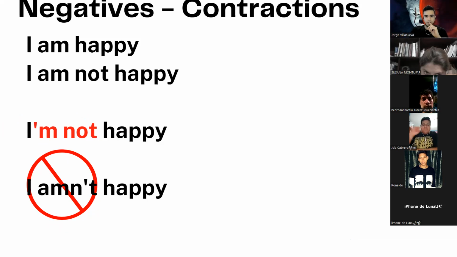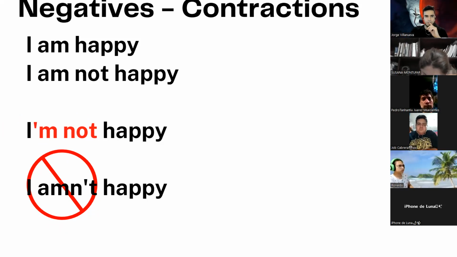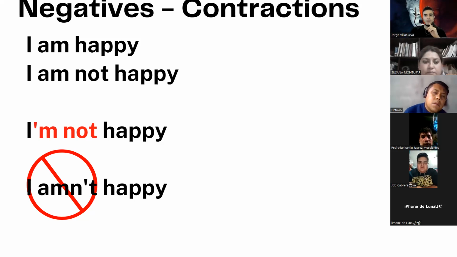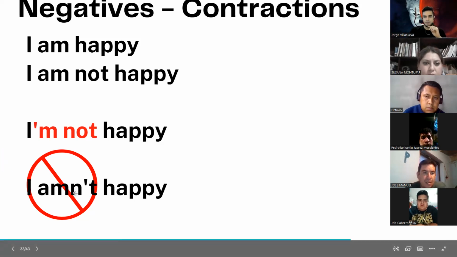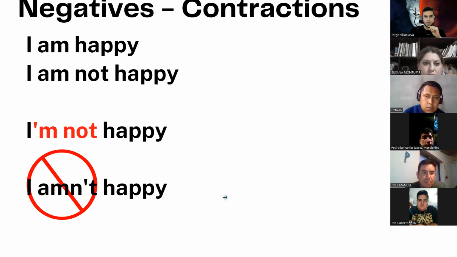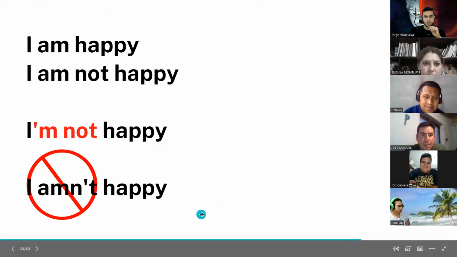I'm going to say the negative first, and then you guys repeat after me. And then we repeat the short version. Primero decimos la versión larga y luego la versión corta. I am not happy. I'm not happy. Very good. Y esta no, I amn't happy. Si es difícil de pronunciar, es que no se usa, básicamente.